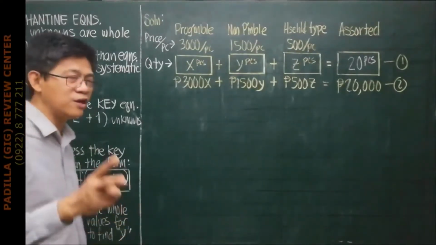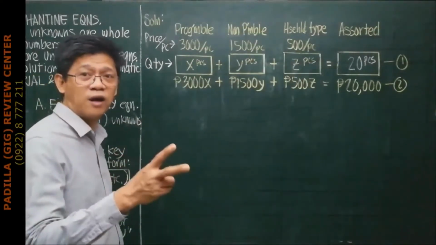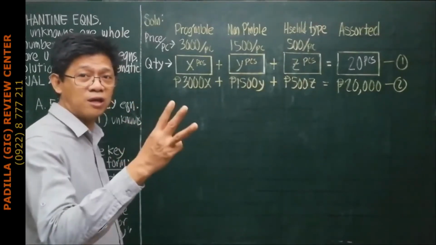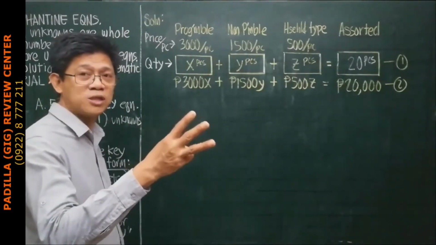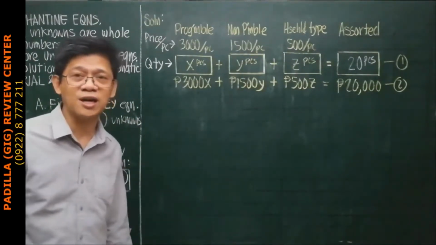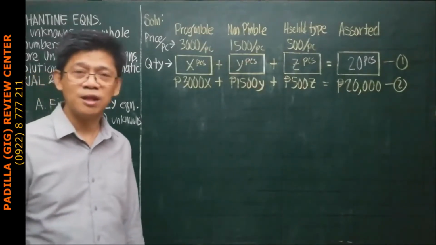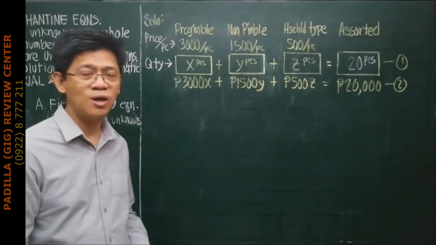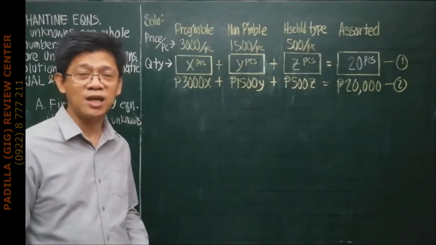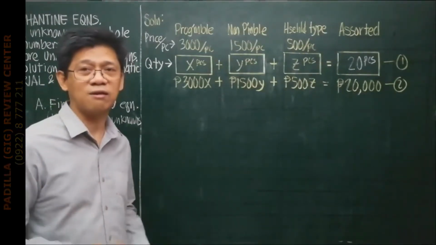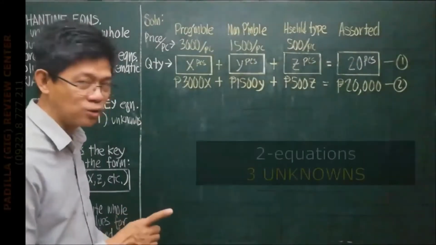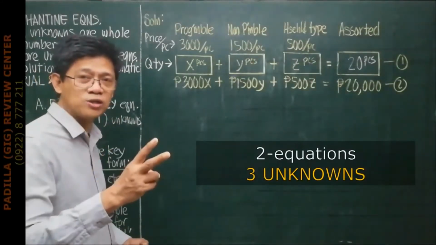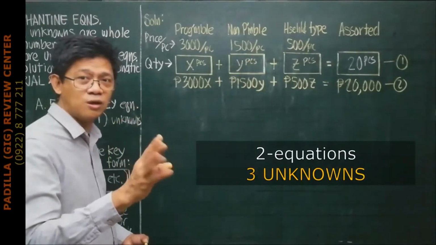Now, we have here two equations so far and three unknowns. So, there are more unknowns than equations. The problem is, no matter how we go around this problem, we cannot find another equation. So, this is really only two equations, three unknowns.